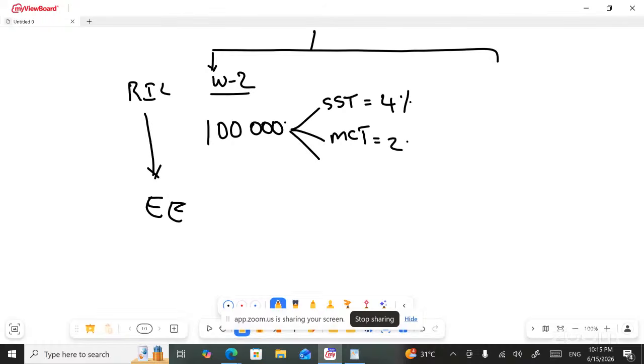These will be covered clearly and pinpointedly, subsequently. And 2% Medicare tax. So salary has to be paid to the employee directly, 1 lakh. And 1 lakh into 4% means 4,000, and 1 lakh into 2% is 2,000. This 6,000 is to be paid by the employer to another government department on behalf of the employee.